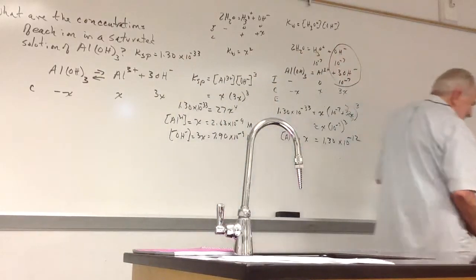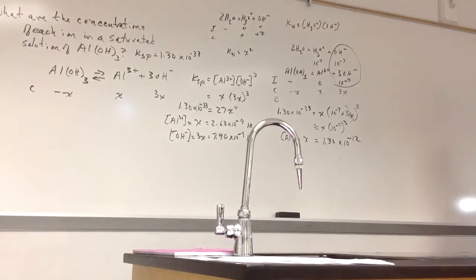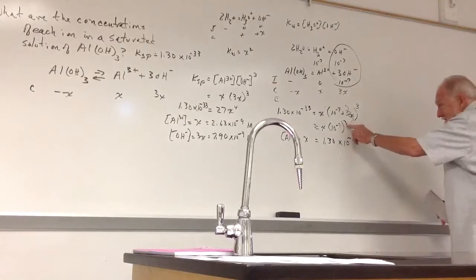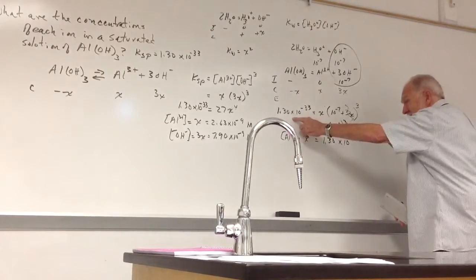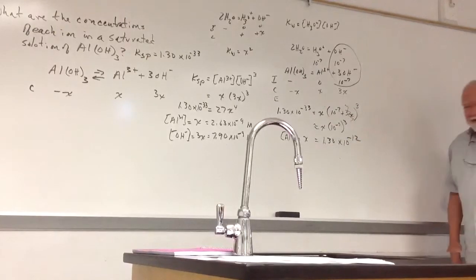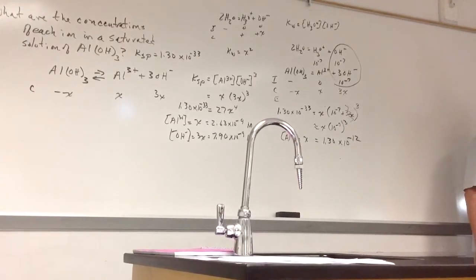First of all, 10 to the minus 7th cubed is 10 to the minus 21. 10 to the minus 7 times 10 to the minus 7 times 10 to the minus 7 is negative 21, right? And then I divided into this, and I got 1.30. I subtracted exponents in my head. I can still handle small numbers, but you can divide it on your calculator if you want. It better come out the same. Did it?